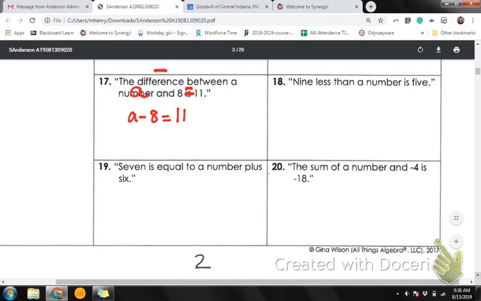Okay, number 18. I want you to try, and then I think I can anticipate where we might have a little bit of a hang up. So try number 18.